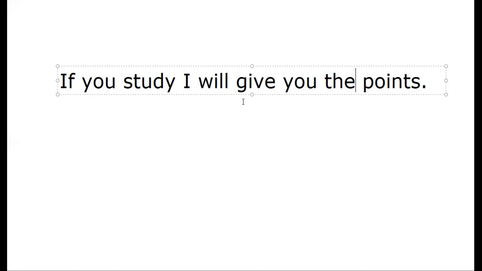How do we form the first conditional? Well, what we do is we use obviously if plus subject plus verb in present, right? Then we have subject, verb in future, I'm sorry, which is in this case will give, and the complement of that clause.